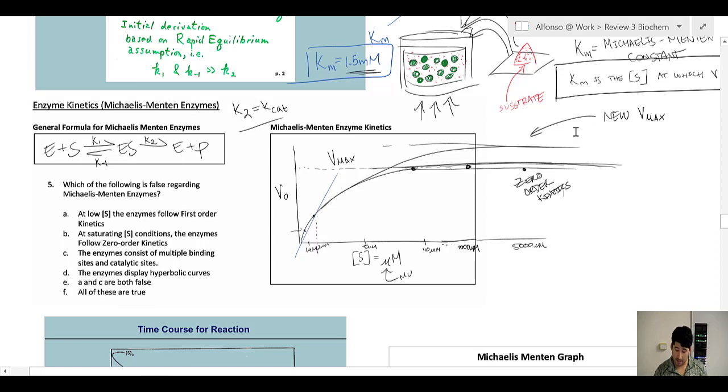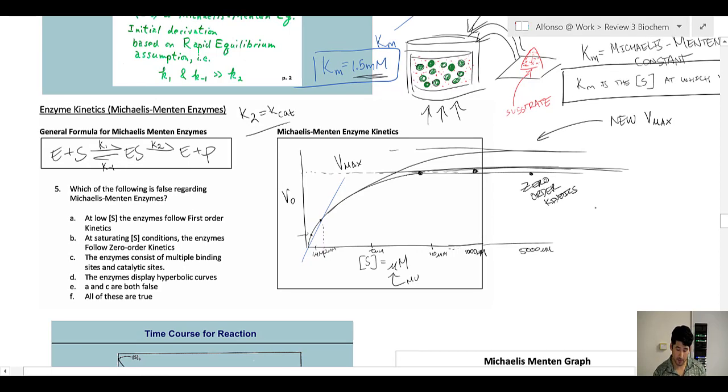And so we can see that in this very important equation that goes Vmax is equal to K2, which is how fast an enzyme works.